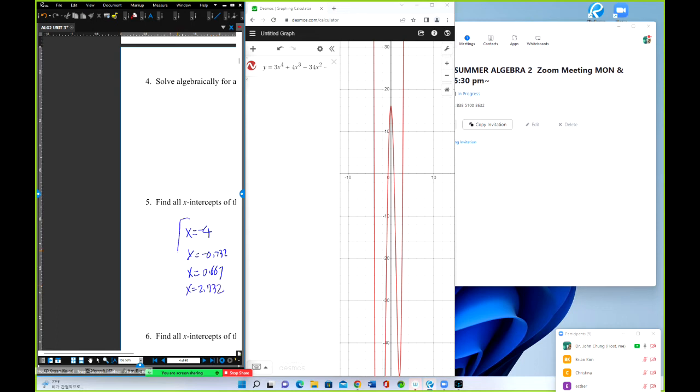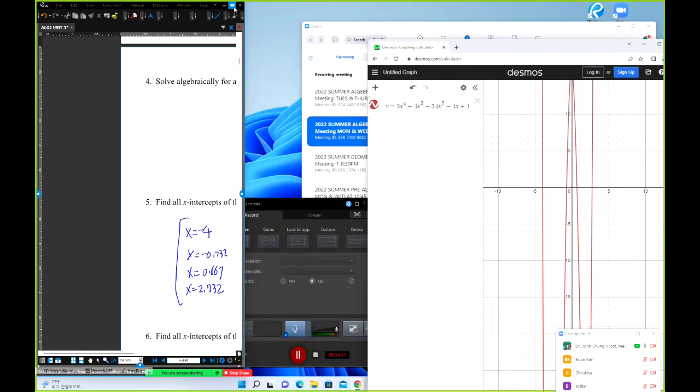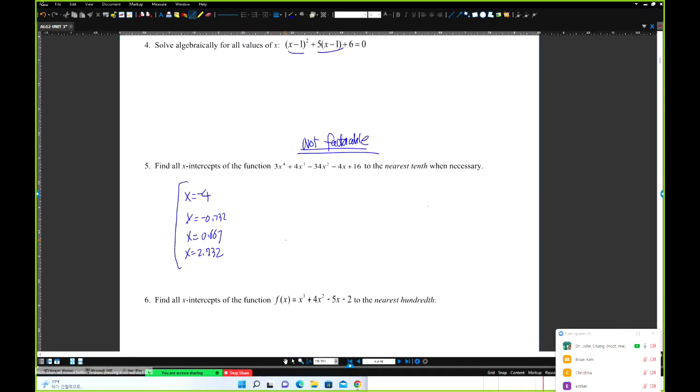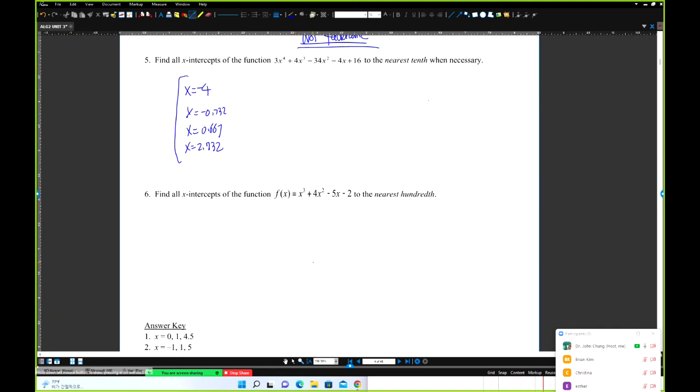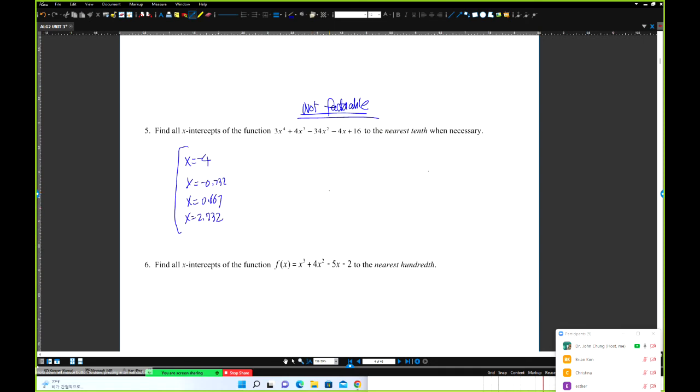That's it. Use a calculator, okay? Use your calculator. But nearest tenths is only what? 1 decimal place. But it doesn't matter.